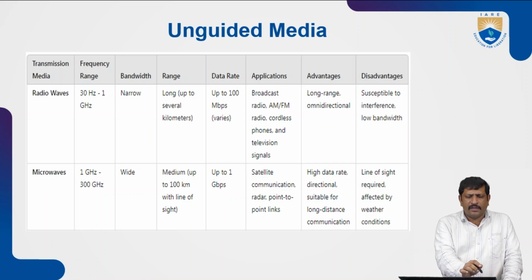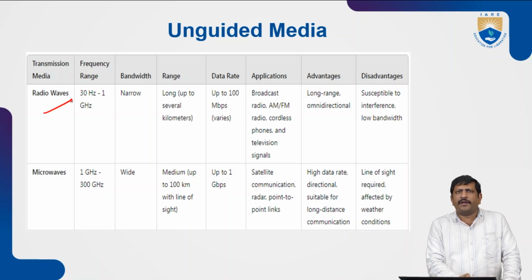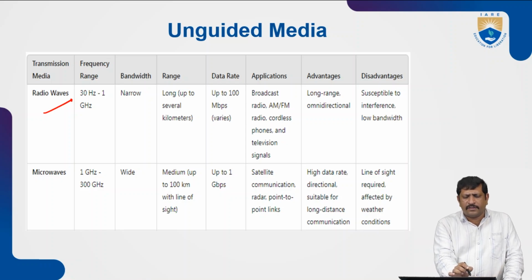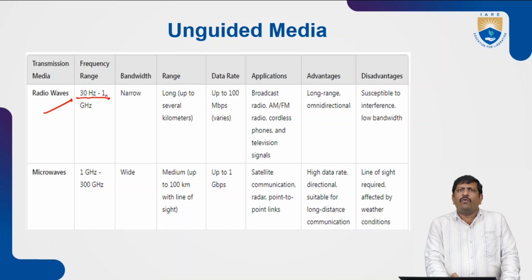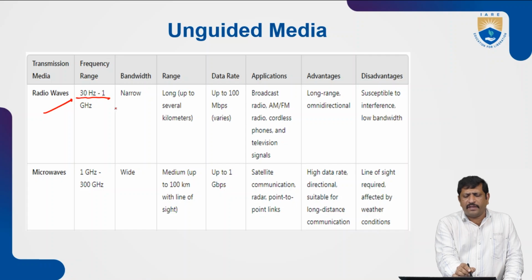Now if we take the transmission media radio waves, the frequency for radio waves is 3 Hz to 1 GHz. The bandwidth is very narrow.